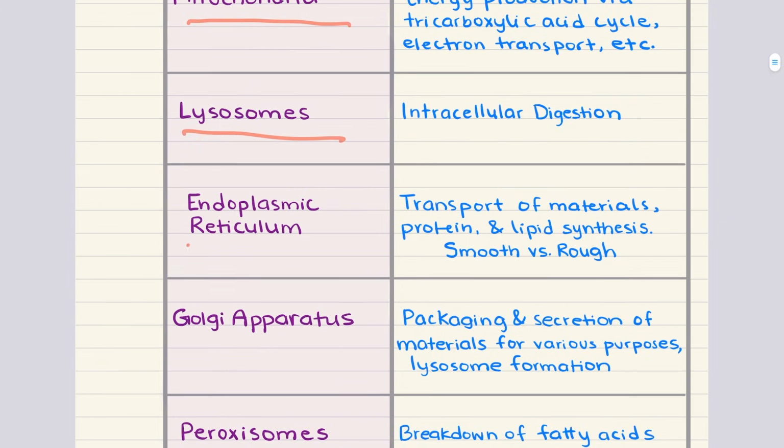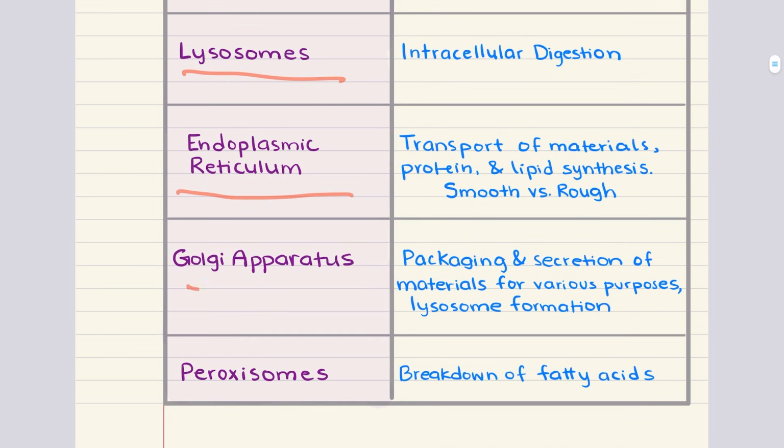Then there's the endoplasmic reticulum. This exists in two forms: the rough endoplasmic reticulum, which is covered in ribosomes and assists in protein synthesis and processing, and the smooth endoplasmic reticulum, which is involved in lipid synthesis and detoxification.